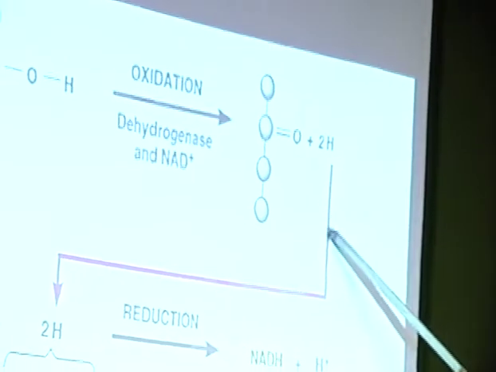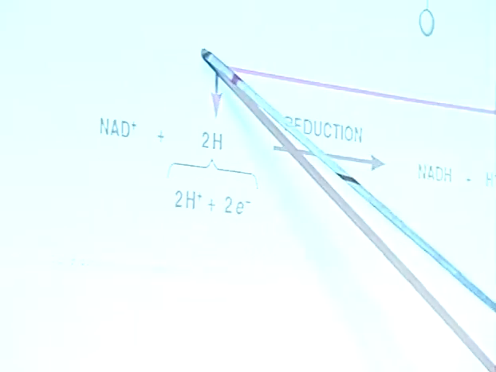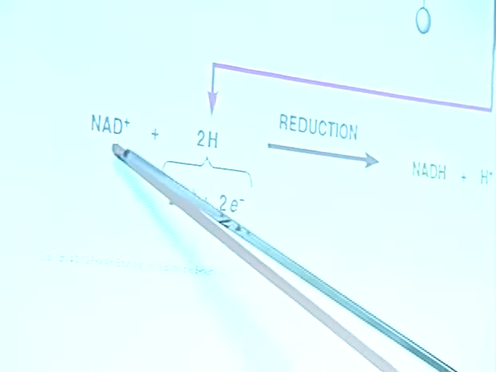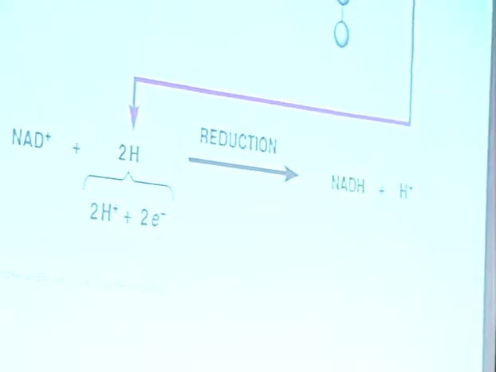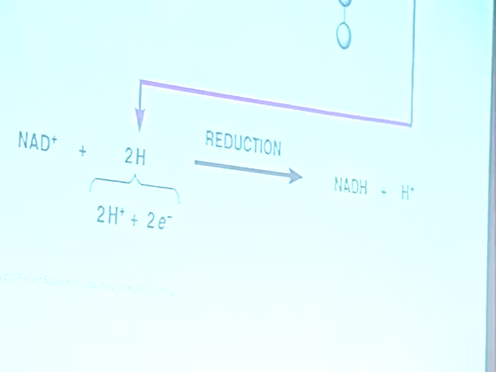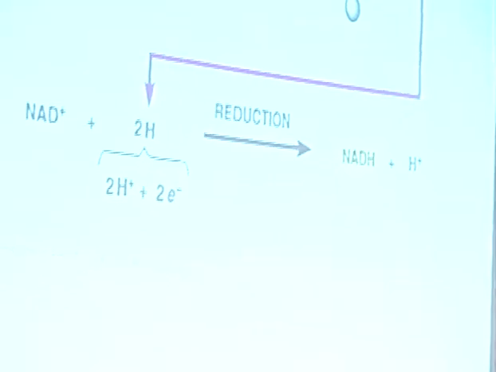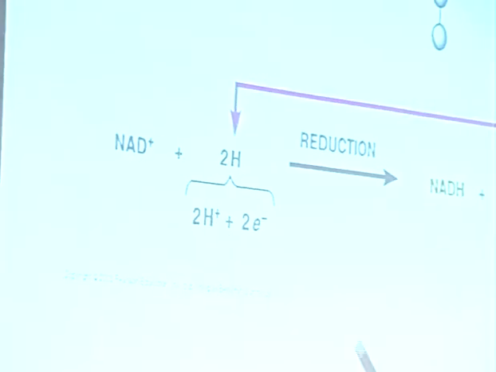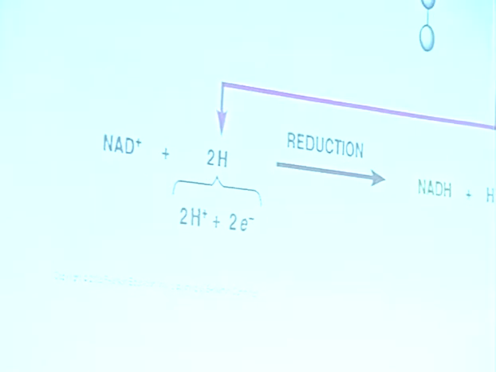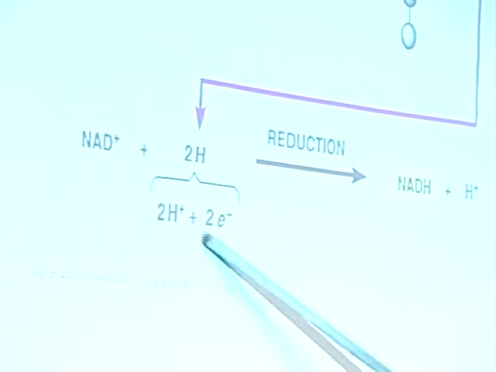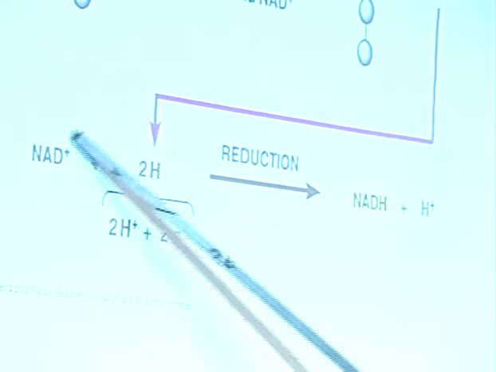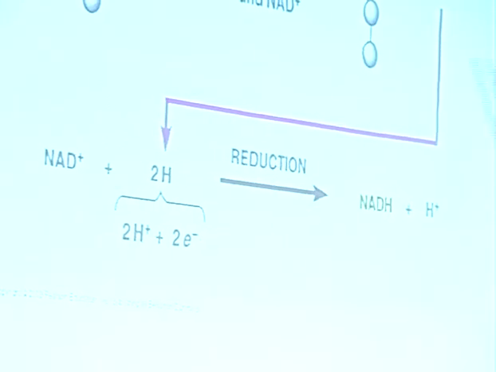Those electrons need to go somewhere, and what happens in this reaction is they're passed off to a molecule called NAD, or nicotinamide adenine dinucleotide. Just remember NAD. It makes it easier. It's actually made from a vitamin, one of the B vitamins, nicotinic acid. What we're going to do is take those 2 hydrogen ions and those 2 electrons and add them to NAD, which is a reduction.